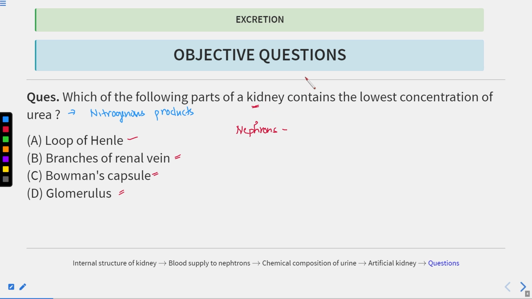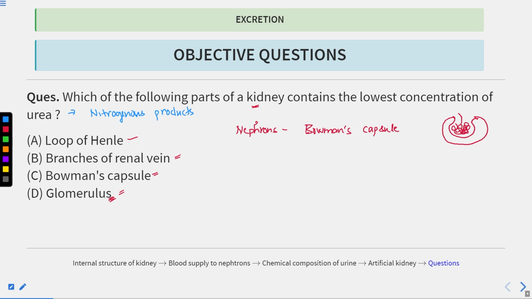Nephrons we have already discussed. What are the parts of the nephron? Bowman's capsule is a cup-shaped structure which consists of the glomerulus. Glomerulus is present within the Bowman's capsule, a network of capillaries.